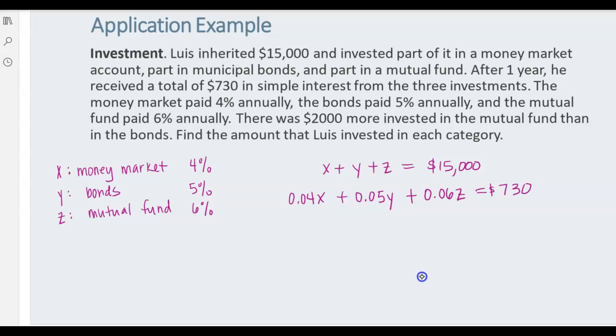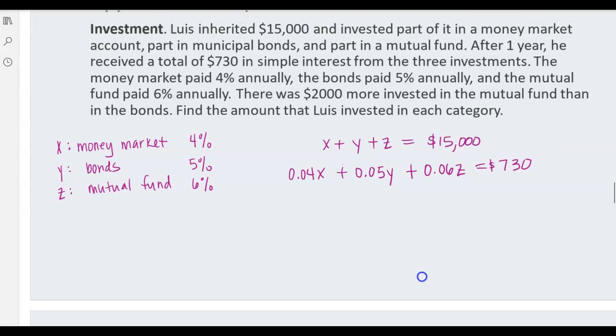And then the last part says that there were $2,000 more invested into the mutual fund than in the bonds. So however much he invested into bonds, if we add 2,000 to that, that would be how much he invested in the mutual funds.